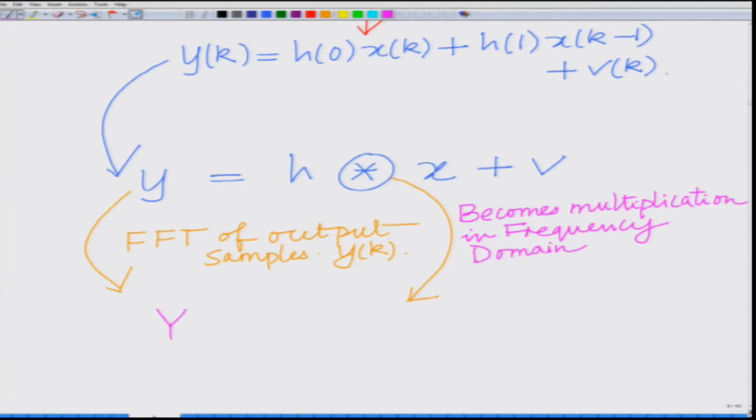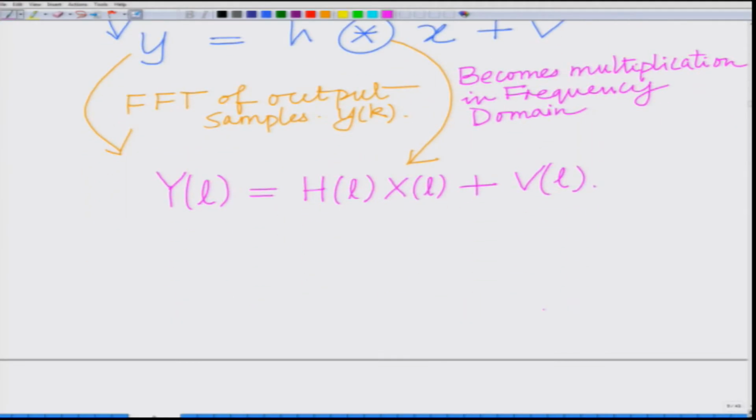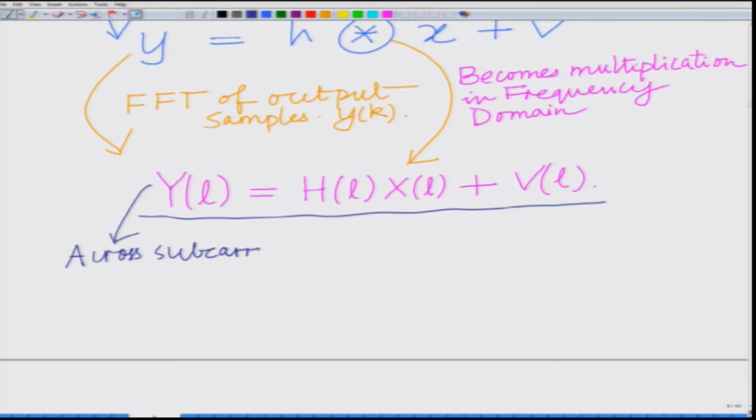Therefore, across subcarrier l you have Yl equals Hl times Xl plus Vl. Yeah. So, this is across subcarrier l in the frequency domain, all right.